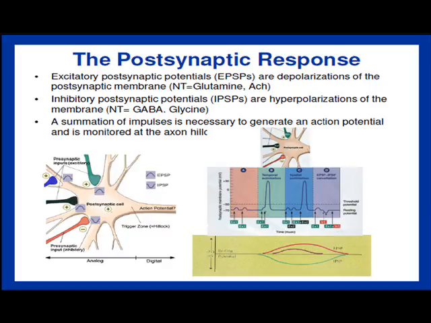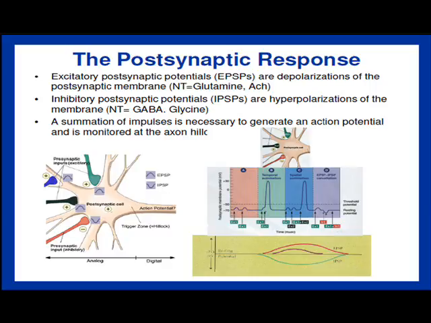So you're thinking, what about the excitatory inputs? It depends on the neurotransmitter. If glutamate and acetylcholine are released from the presynaptic side, you're going to fire an excitatory postsynaptic potential.